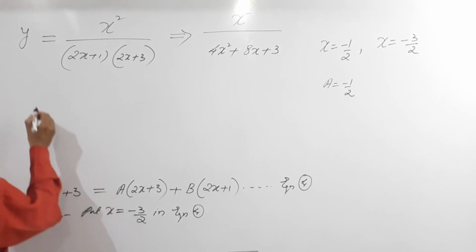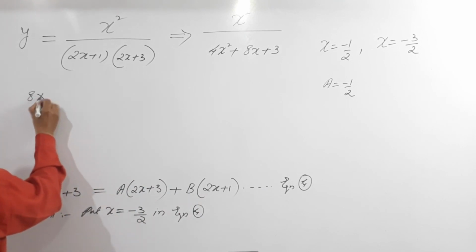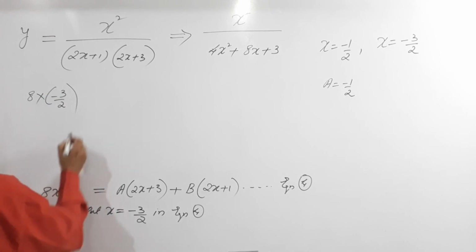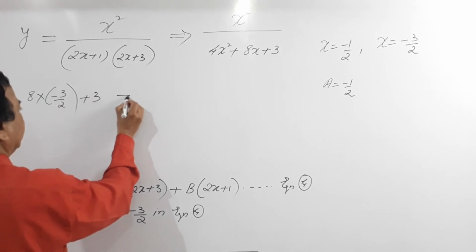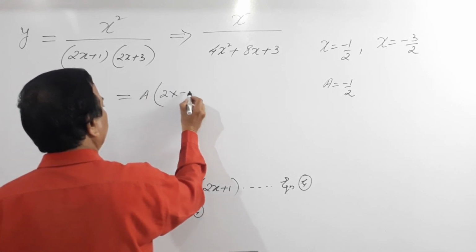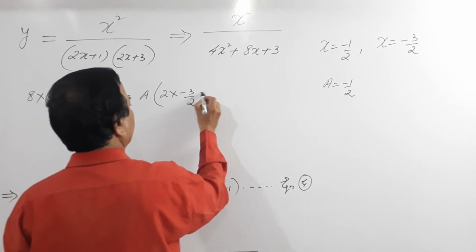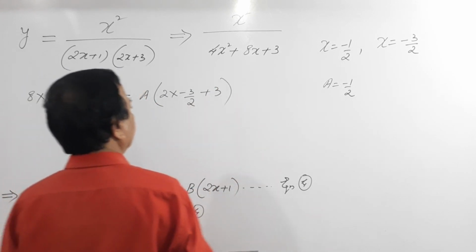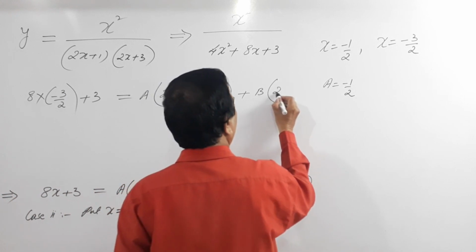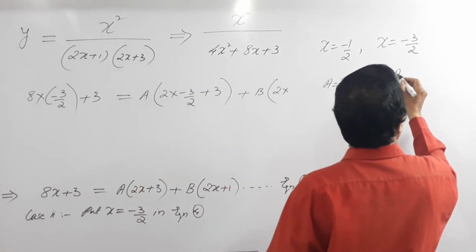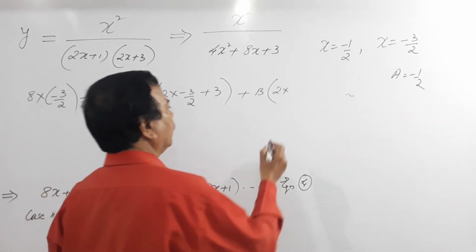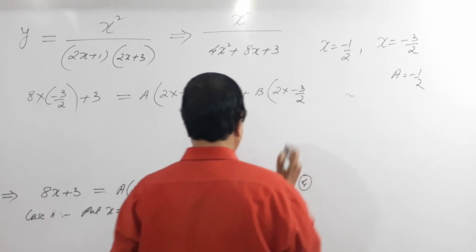That is, on the left hand side, 8 into minus 3 by 2 plus 3, this is on the left hand side, equals a into 2 into minus 3 by 2 plus 3 plus b into 2 into minus 3 by 2 plus 1, with a equals minus half.